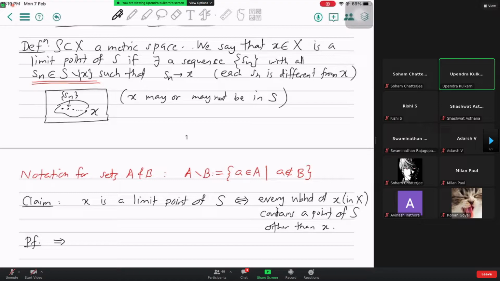So let X be a limit point of S. And I have to prove whatever is given on the right hand side. Okay, so let's just set up the language. Because X is a limit point of S, therefore take a sequence Sn.